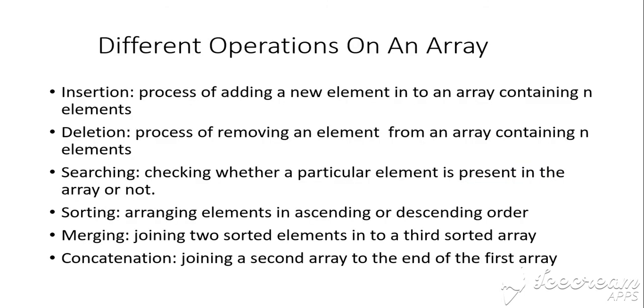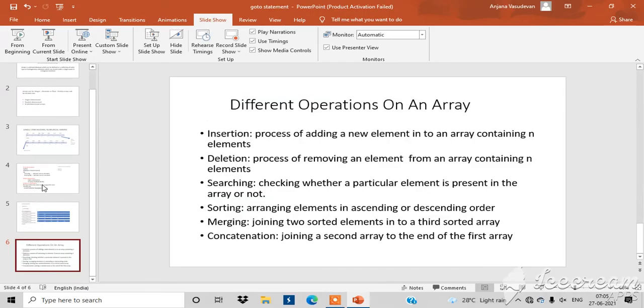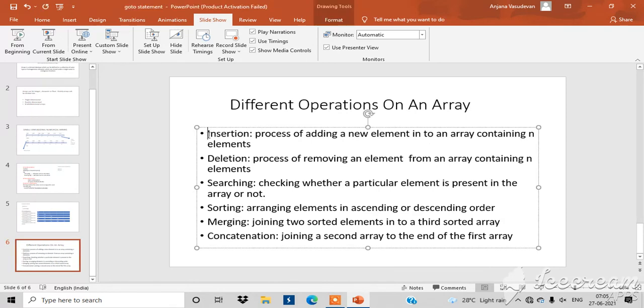Different operations that can be performed on an array are insertion, deletion, searching, sorting, merging, and concatenation. And there is also one more process, that is traversal. What is traversal?